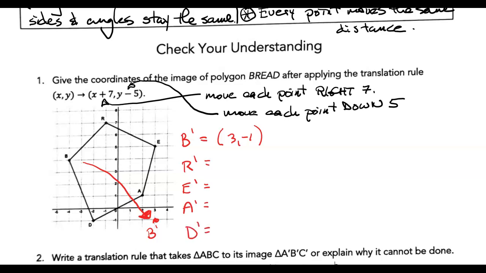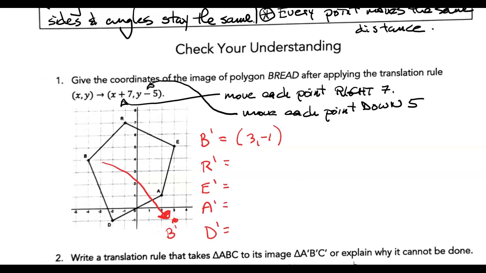Now, usually I'll just use the graph to help me figure out where these are, but another way you could do this is by writing down the original coordinates of the points and then applying the rule to it. So for B, we just used the graph to find that the new coordinate was 3, -1.